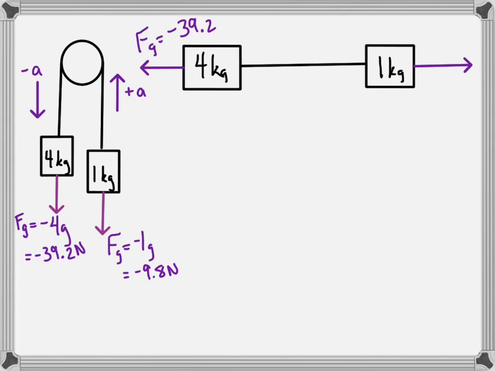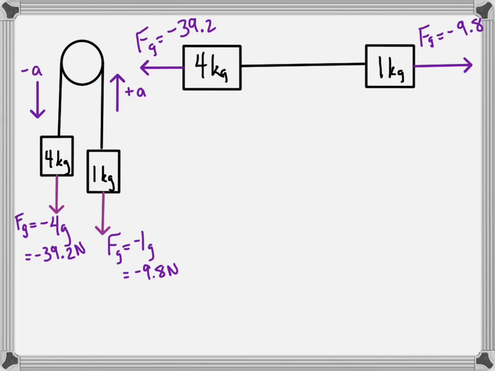Okay. So what I've done is I've taken the pulley out and then stretched this horizontally, so made this rope horizontal. And then what I have acting on the end of the rope here is this same gravitational force right here that's acting toward the left, and then we have a force here acting toward the right.